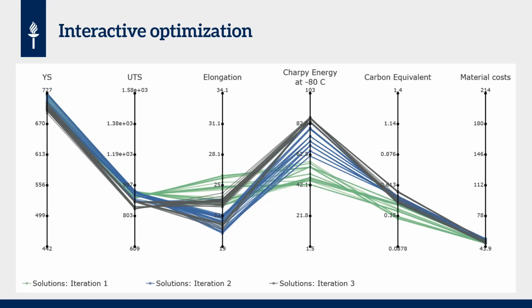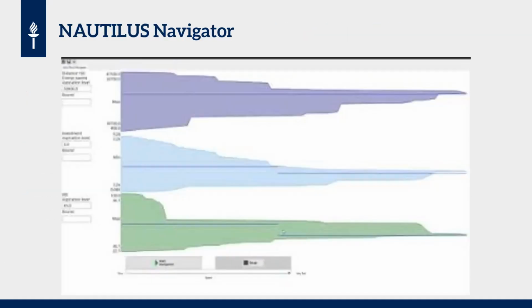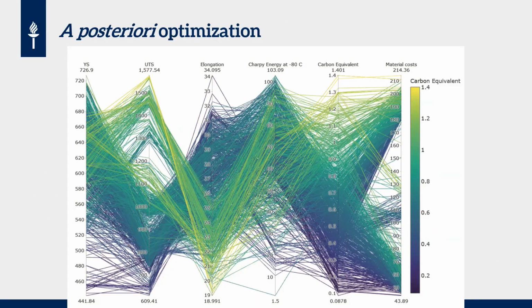And one thing that we found out later on when we were analyzing these solutions was that in every single iteration, all of the solutions that we found dominated the solutions that we found from the a posteriori approach. So all of the solutions that we found through interactive optimization were better than solutions from this particular set.